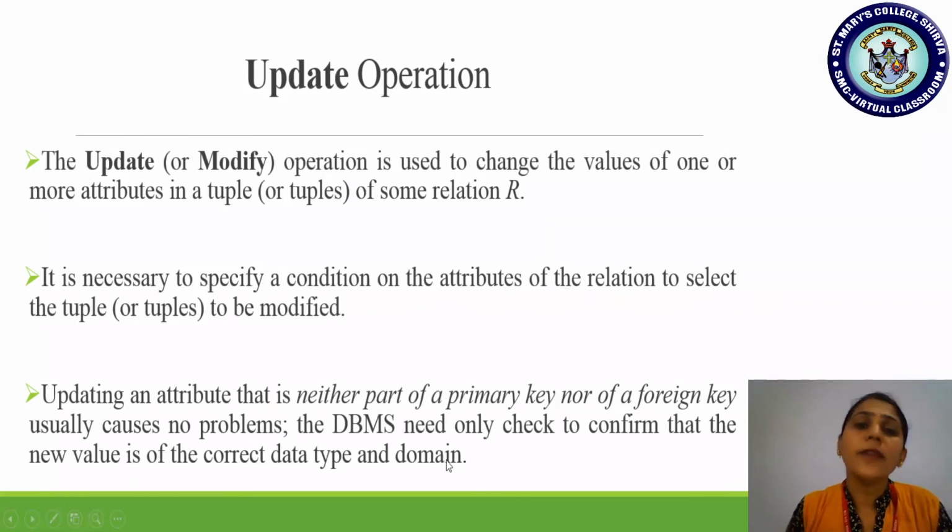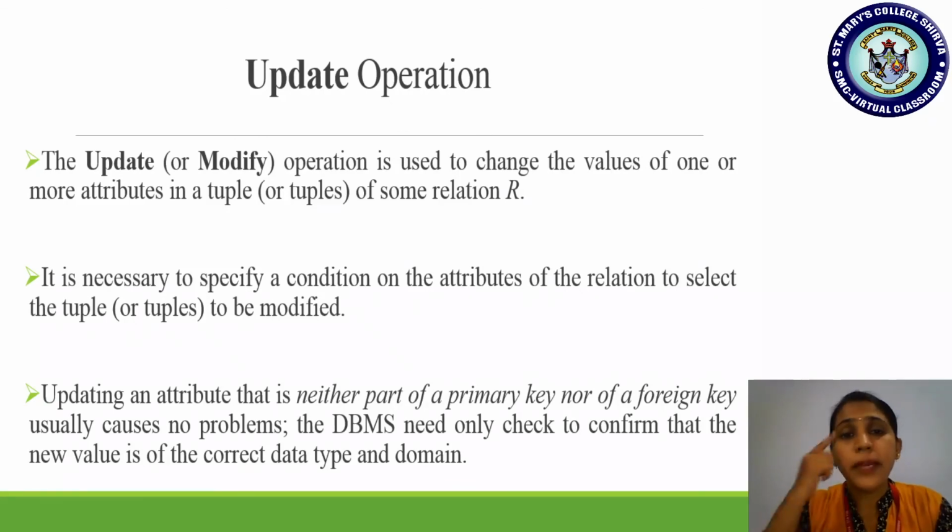Whenever the update operation is performed, the DBMS software takes care that the new value we are inserting matches that data type. For example, if I am modifying the employee's date of join, the data type should be of date type whenever I am giving a new date of join value. It should not be simply some number data type. So it will take care of that.